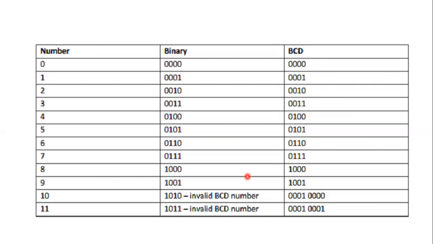This process takes a lot of time and one should know the procedure to convert into decimal form. So the binary coded decimal makes conversion from binary to decimal or decimal to binary much easier.